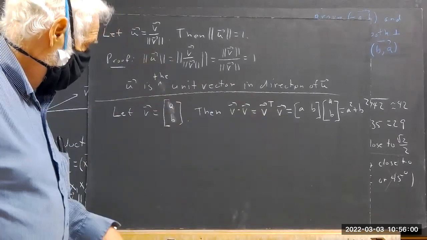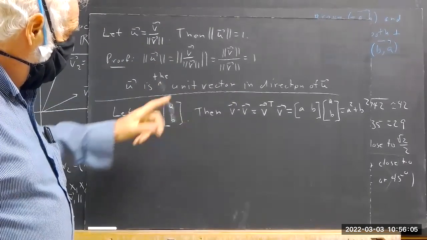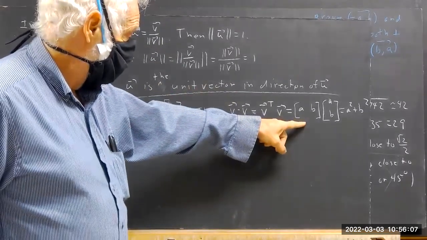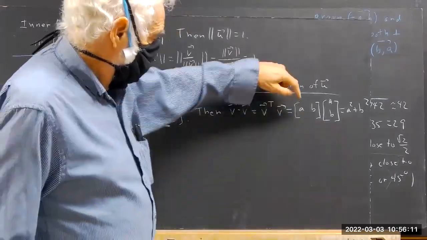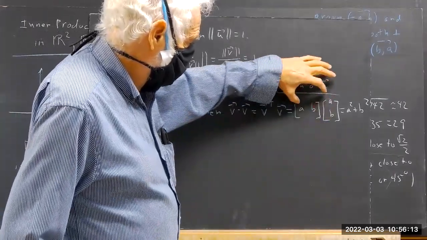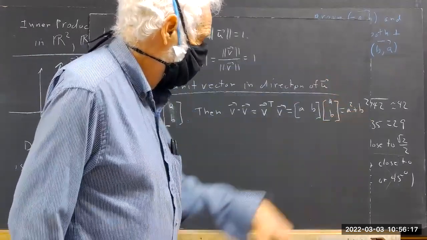Well, you know what that is. We switch the rows and columns. You have a column here, it's going to become a row. So here's V transpose, and here's V. Now, if we do matrix multiplication, we just do this row times this column. So we're going to have A times A, which is A squared, B times B, which is B squared.